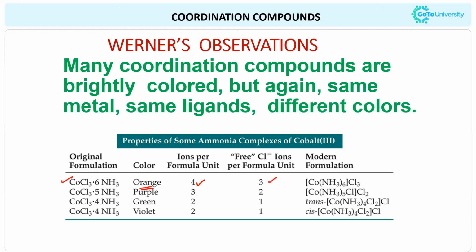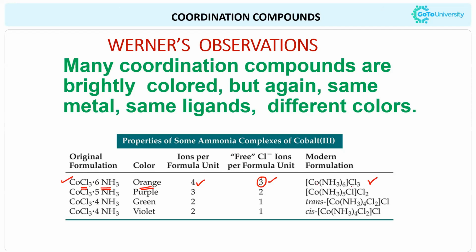So for this compound, ions per formula unit is 4, and the free Cl minus ions per unit is 3, meaning 3 chlorines are undergoing precipitation. In this compound we have 3 chlorine and 6 ammonia. Among these, the 3 chlorine atoms undergo ionization, which is why they form the precipitate. So we can write the formulation for the first one as [Co(NH3)6]Cl3.